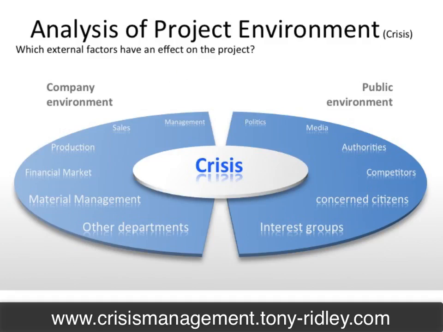And last but not least, having an aerial view at all times is extremely effective, and where possible, to visualize all of these relationships, internal, external, whether they be part of the company environment or the public environment.